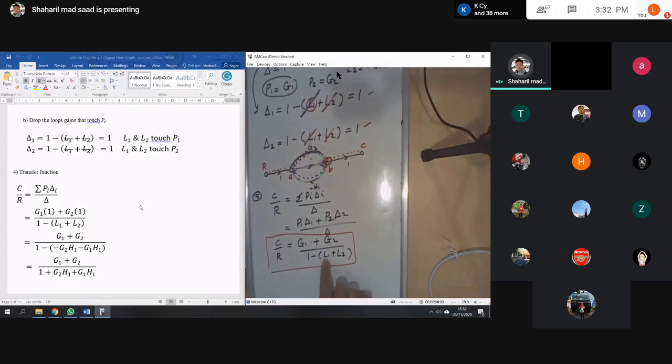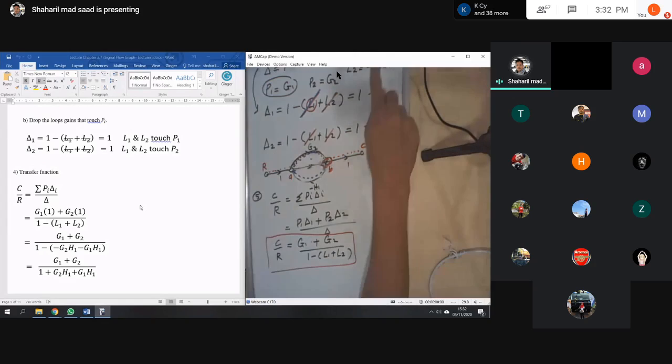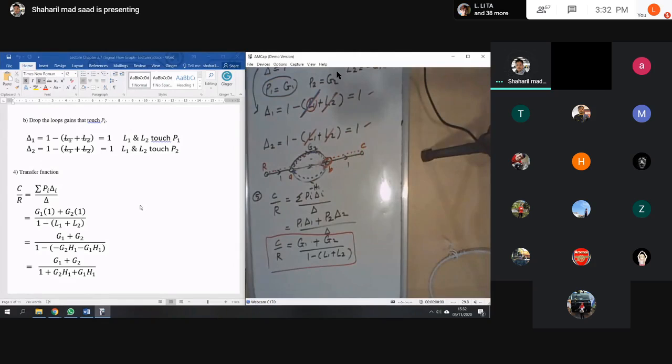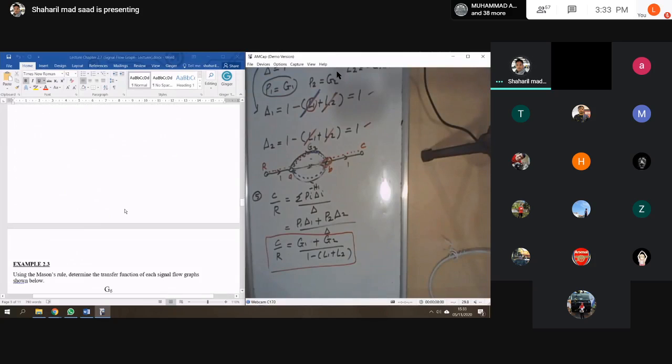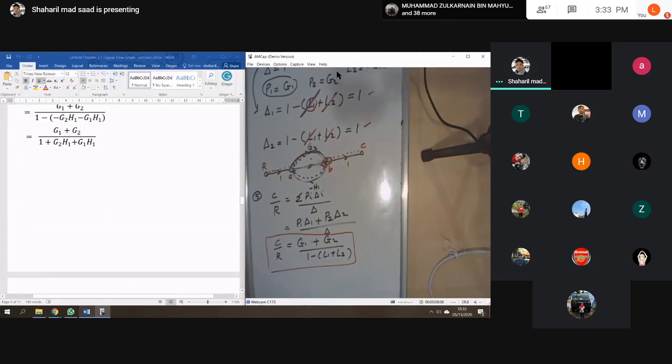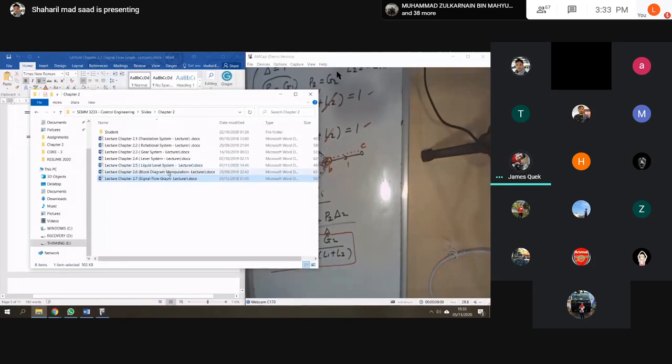But then you need to put L1 is minus G2 H1, L2 is minus G1 H1. Right? So simple when compared to the block diagram manipulation. Simple, boleh? Boleh.